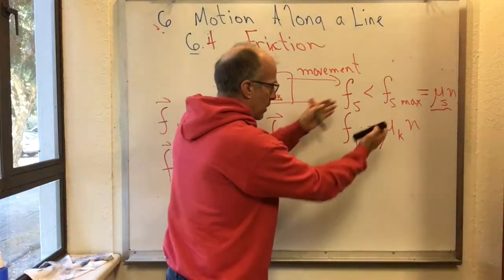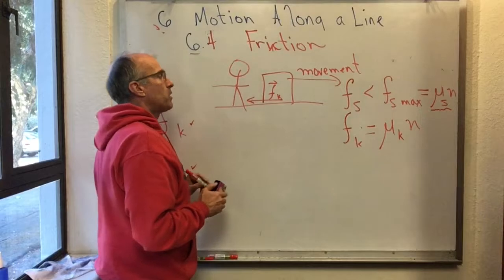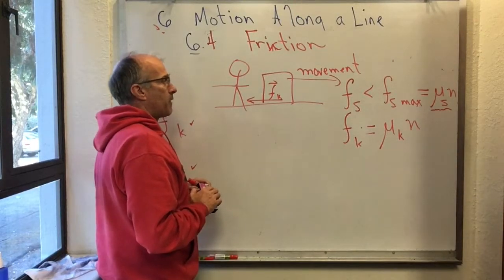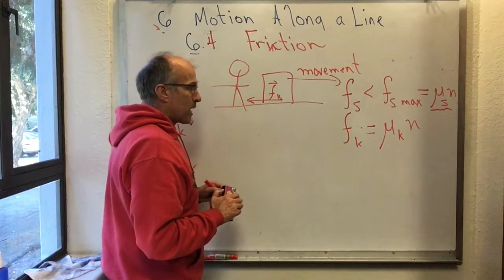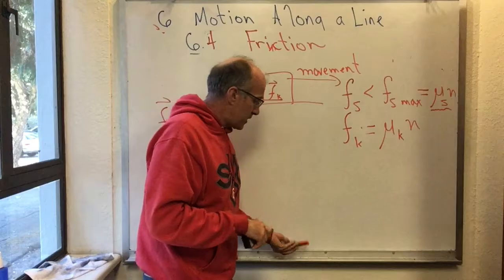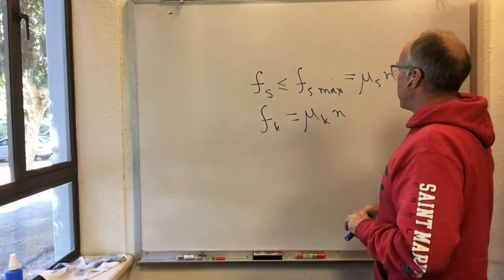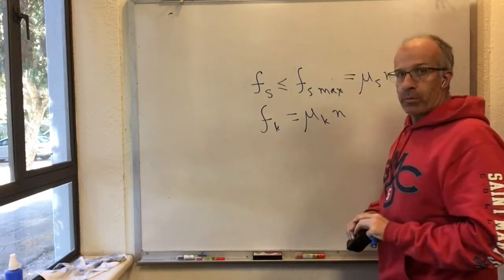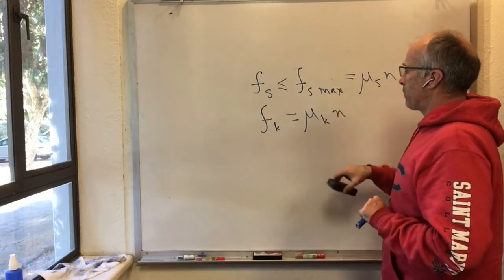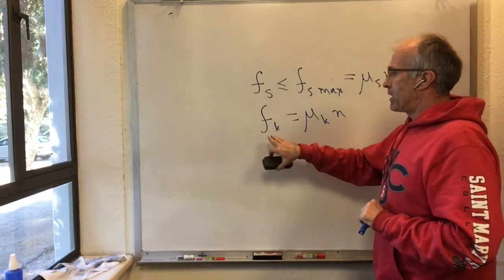So now that I've written all the equations, I can say something that's true in the real world: you can push harder and harder on this box. And for a while it won't break loose, and then once it does break loose, the amount of frictional force that you'll be pushing against will suddenly be reduced. Now I want to turn that claim into a mathematical comparison. I said that the maximum amount of static friction is greater than the kinetic friction.